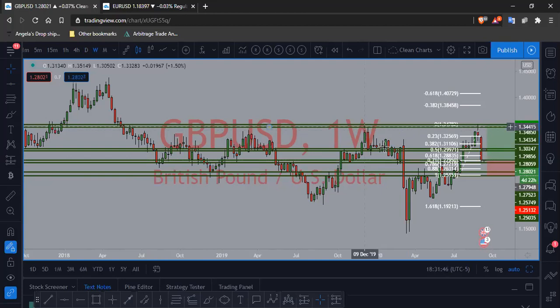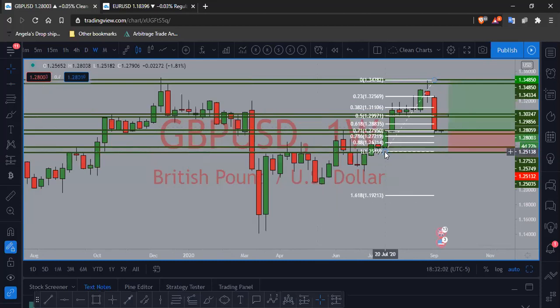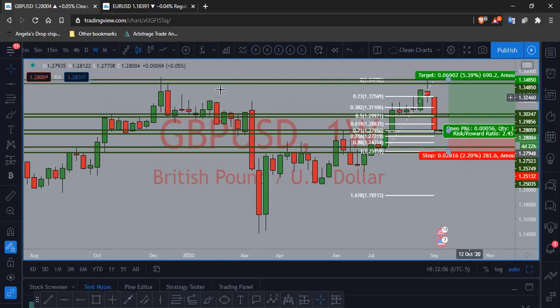And then we made that huge drop and then price came back up here. I would definitely need to see, I would love for price to respect here before going to the upside. Just going based off of this previous swing on the weekly, then dropping right here at the 71% fib, I would love to see it go bullish.